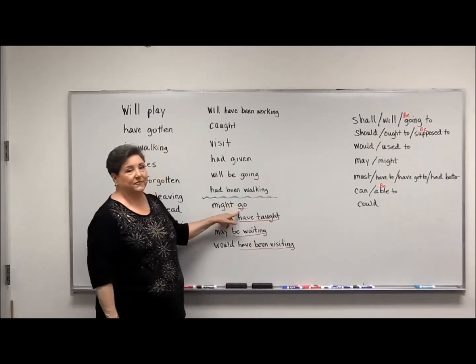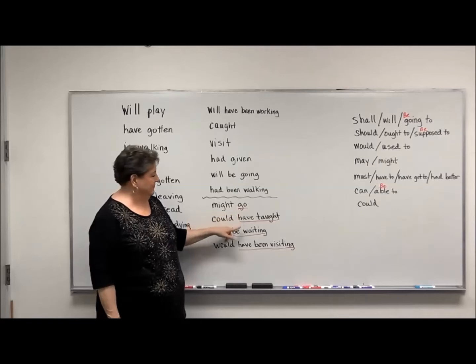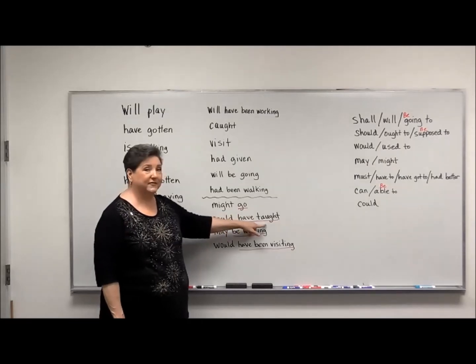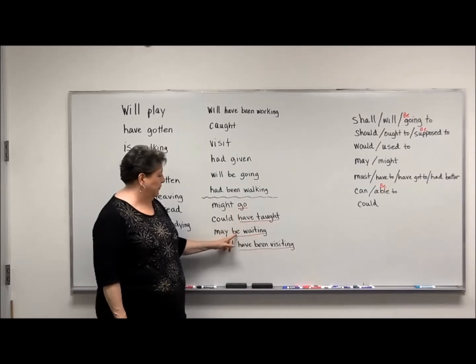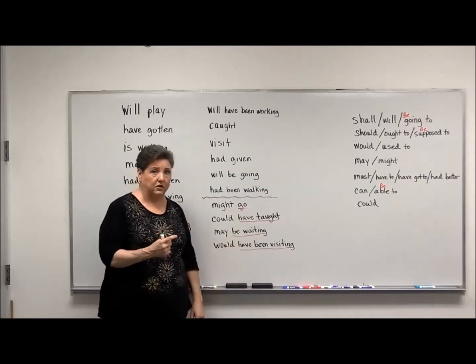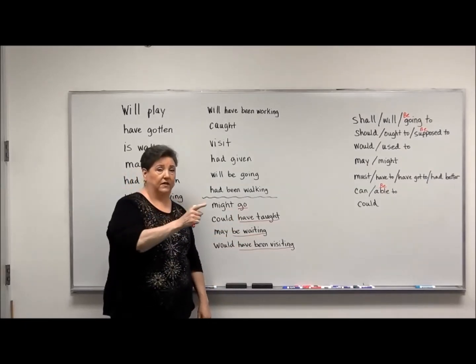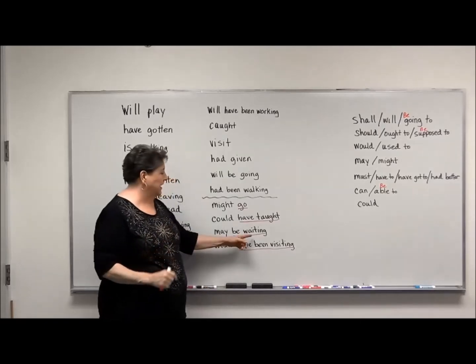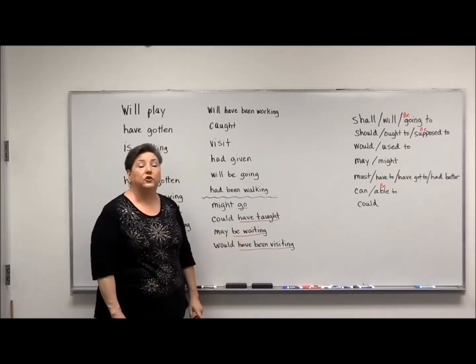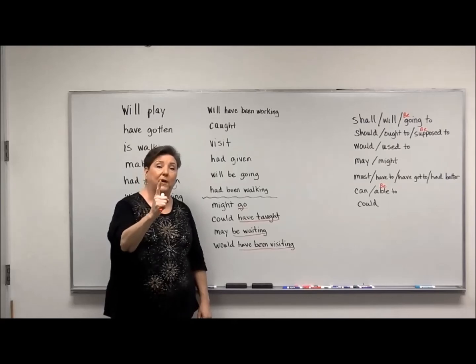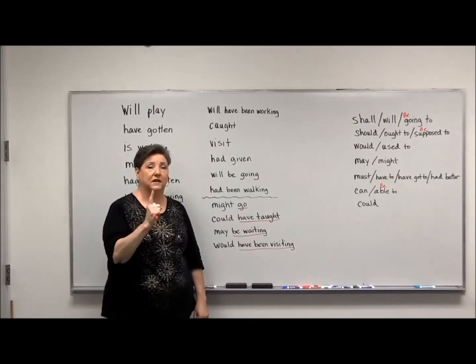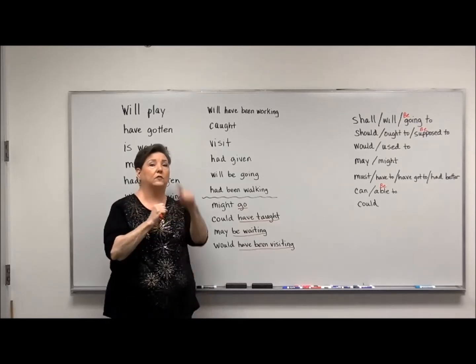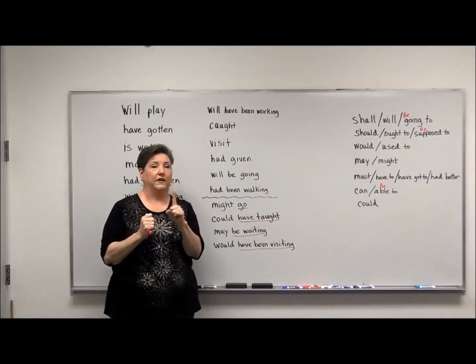So what do you see? Present, present perfect, present progressive. Now wait a minute. Present progressive on our chart starts with am, is, are, and then verb 4. What's happening here? Do you remember the number one rule about modals? The number one rule about modals is after a modal, verb 1.